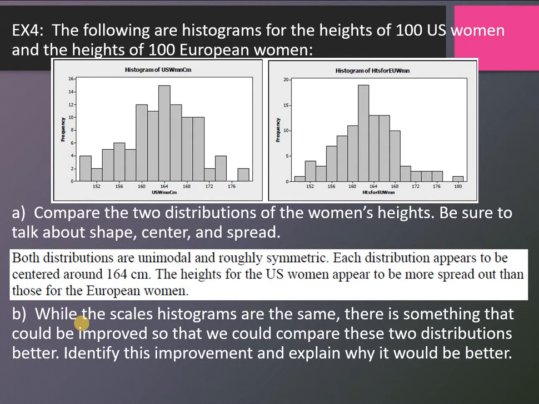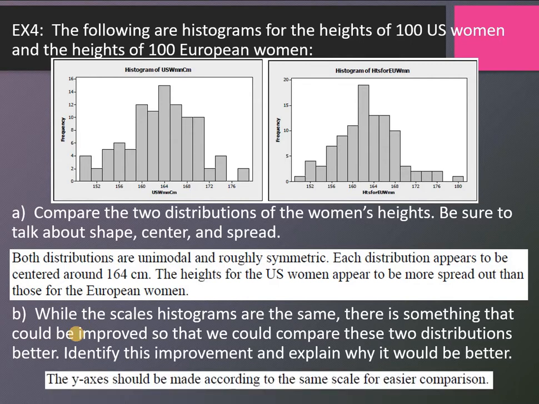You can do it so that you have one box for the European women right next to the box for the US women, and stagger them. But somehow making it so that the y-axis, if you look at that, did you guys notice that? The x-axis was the same. The y-axis was clearly different. So you could make those the same, which is probably the biggest selling point here.